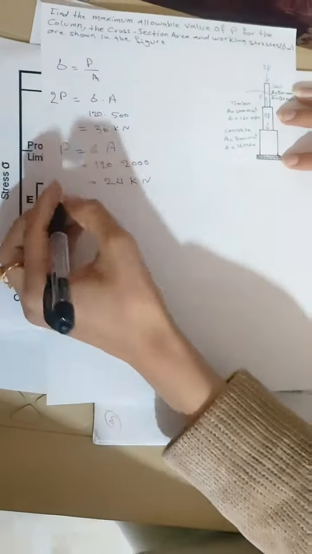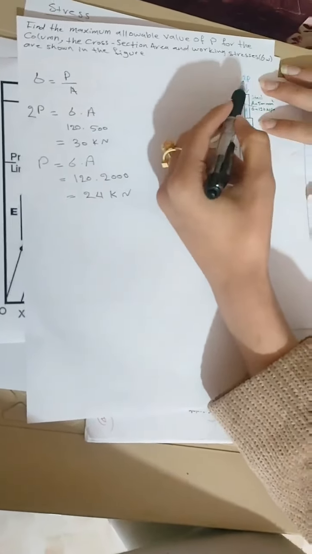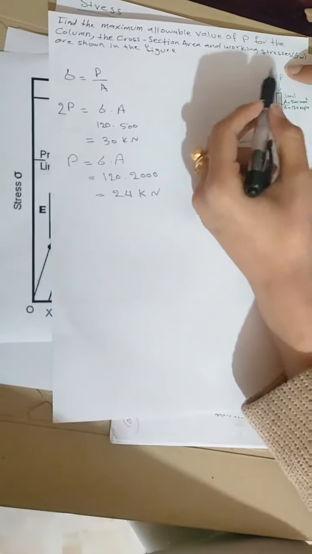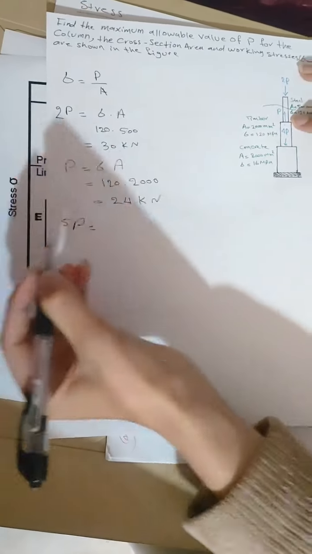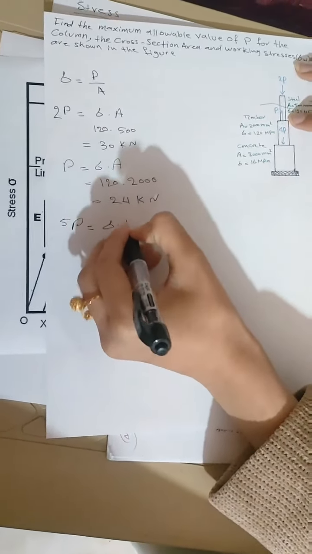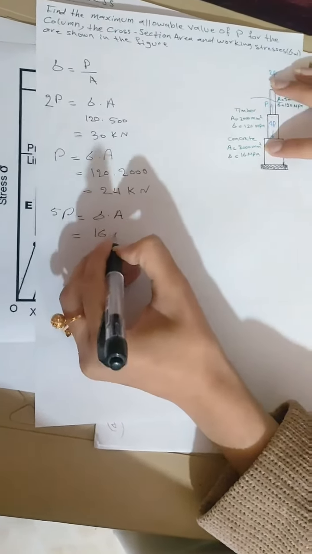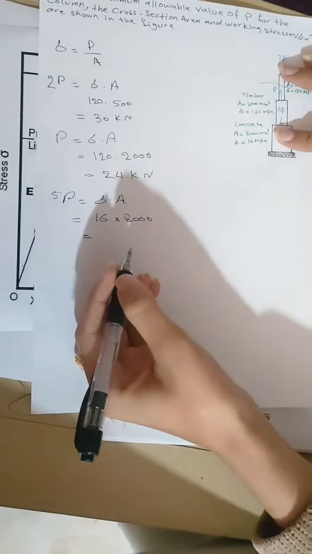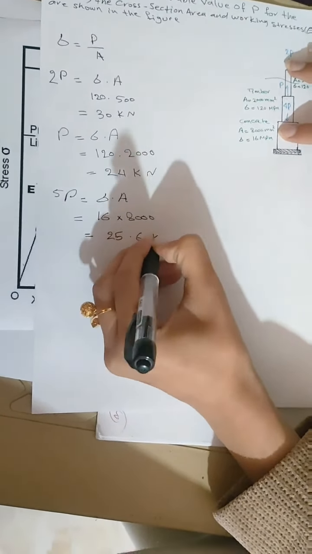And the concrete: the summation of forces on concrete will be 5P, because we have in the same direction 2P and 4P, and in the opposite direction 1P, so the summation is 5P, and it will equal sigma times area. The sigma of concrete is 16, and the area is 8000, and it will equal 25.6 kilonewton.